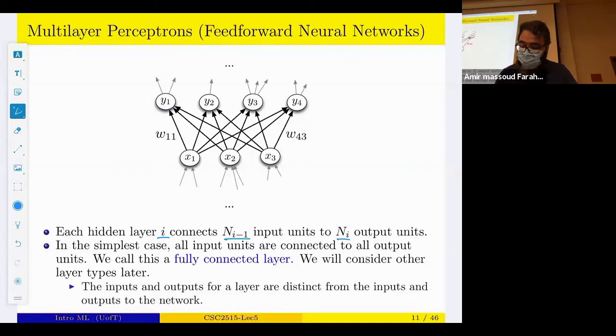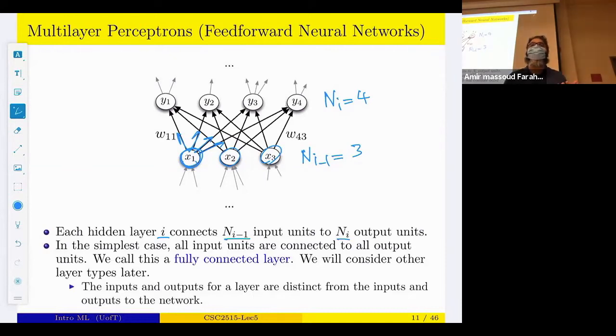So for example, here n_{i-1} is 3 and n_i is 4. In the simplest case, all input units are connected to all output units. So this one is connected to all the outputs of the next layer, and the same for all of them. In general, this is not the case.